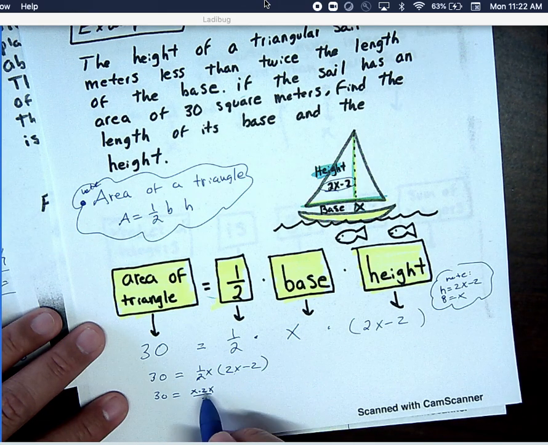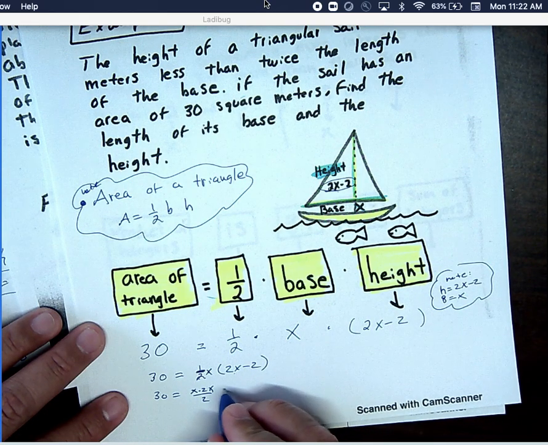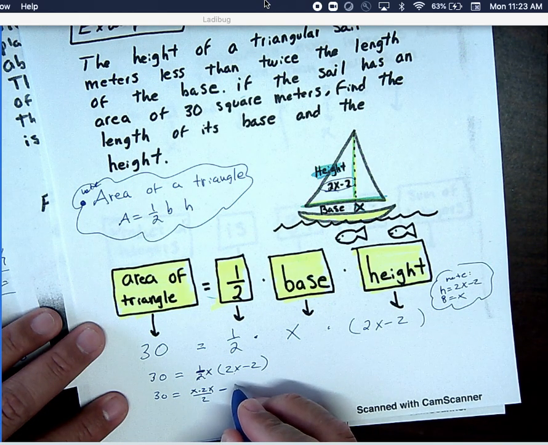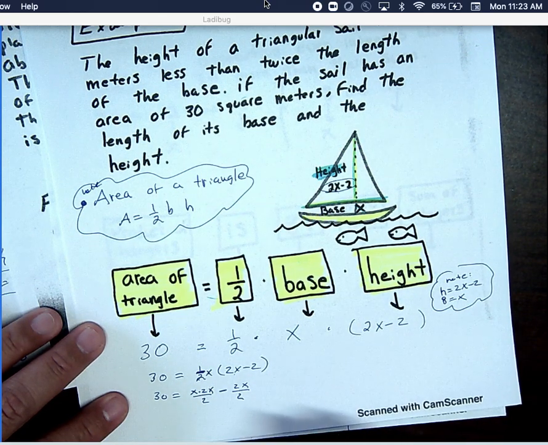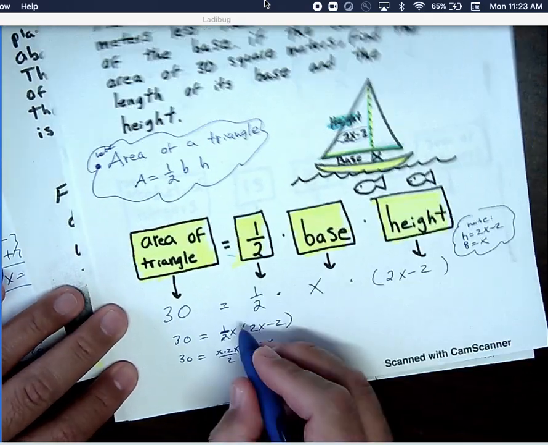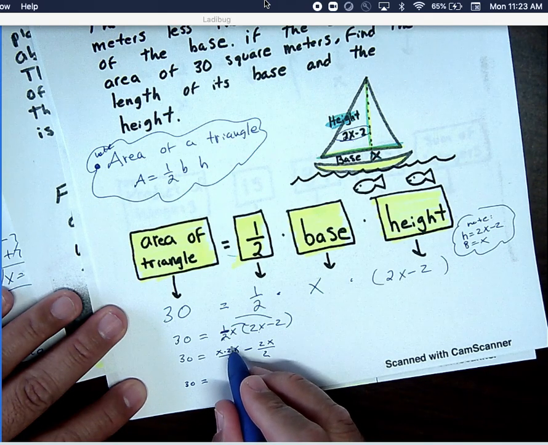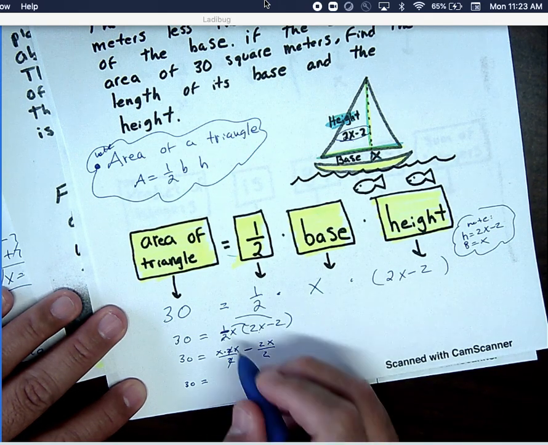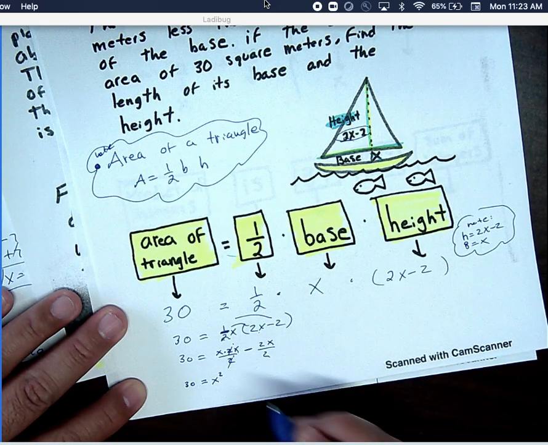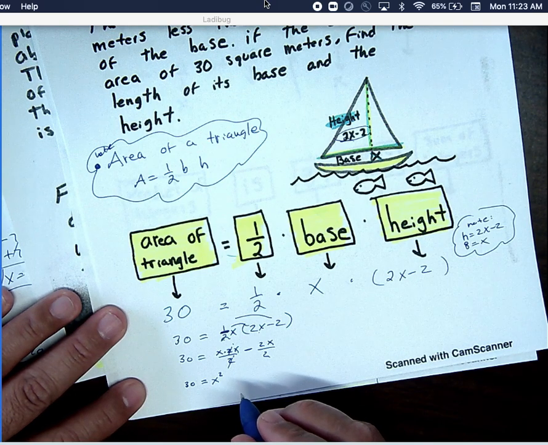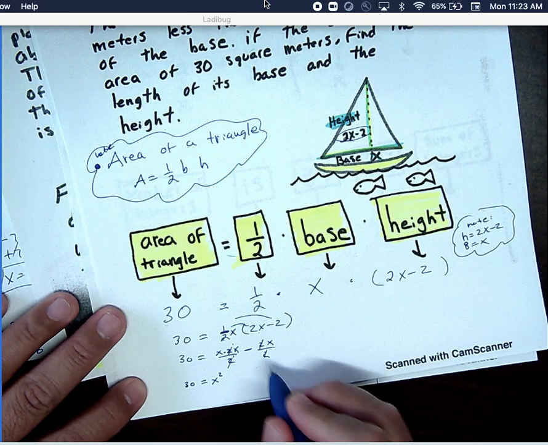The 1 doesn't affect anything, so you don't see it. Then here you have a negative x, 1 times 2 is just 2, and then the x, with the 2 at the bottom. Now the 2s go away, they become 1, and x times x equals x squared. This becomes 1, and then you have minus x.